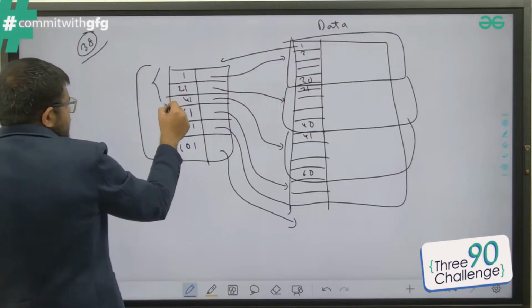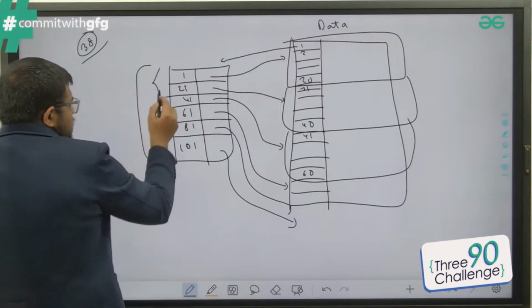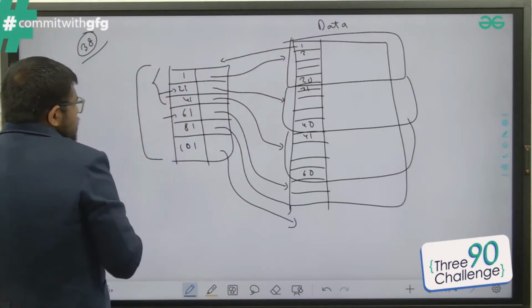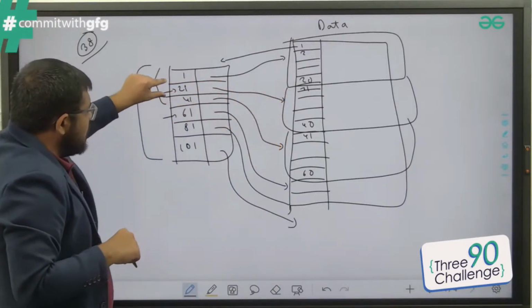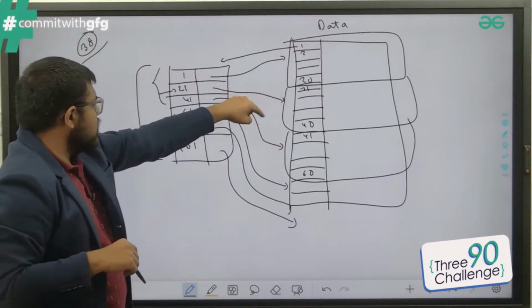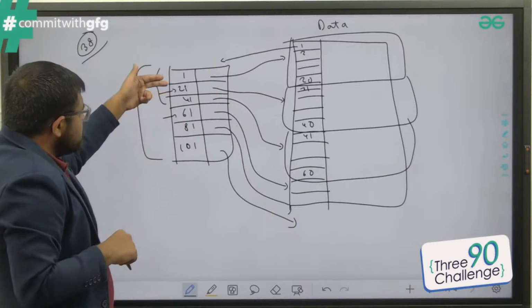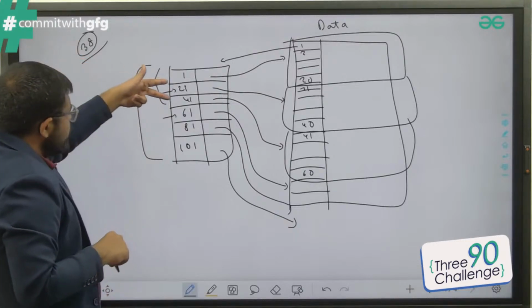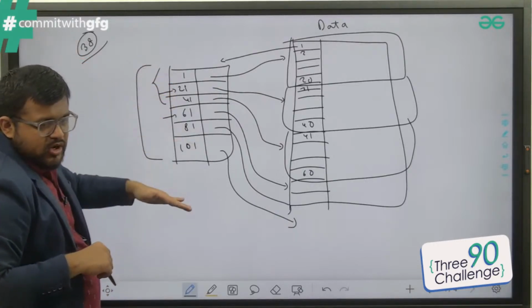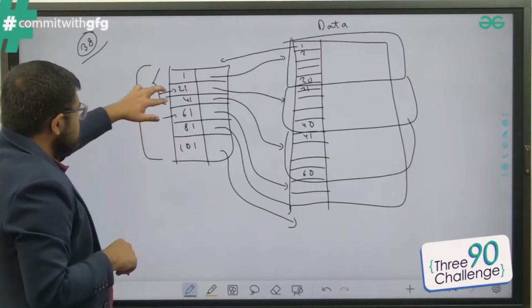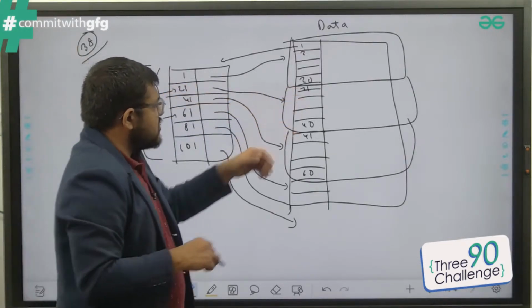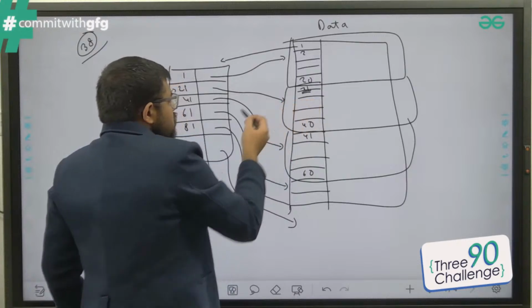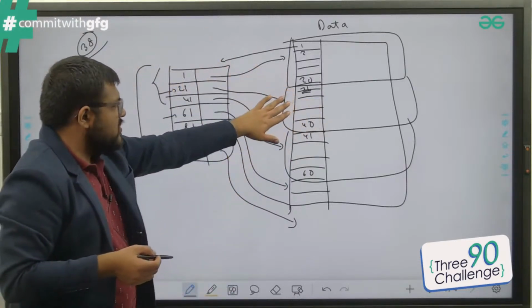So you do a binary search on the top part. Here the middle value is 21, so 21 will point to a block which will contain the values starting with 21. So your value 38 may be present in this block or in the blocks below, because 38 is greater than 21. So 38 may or may not be present here.